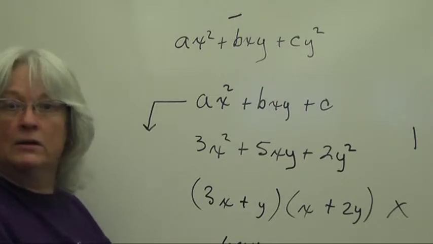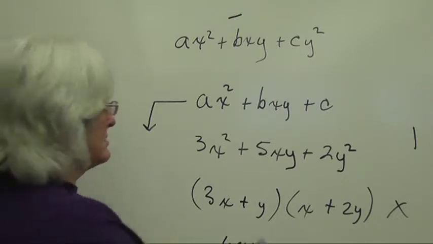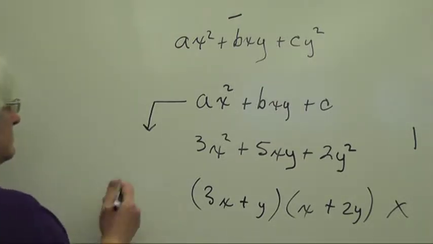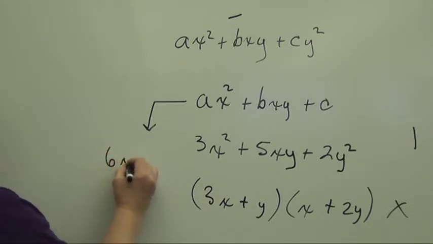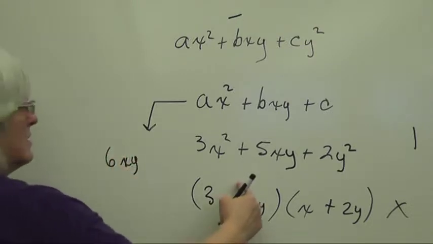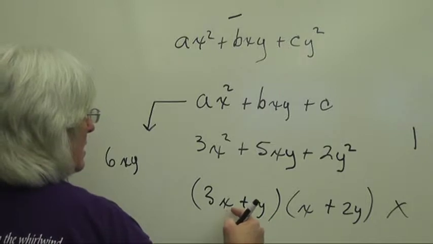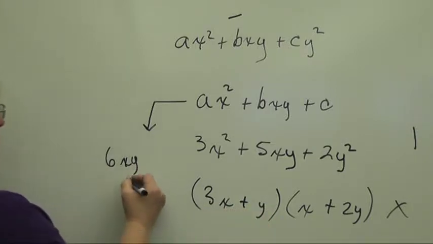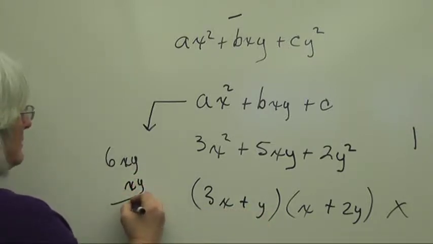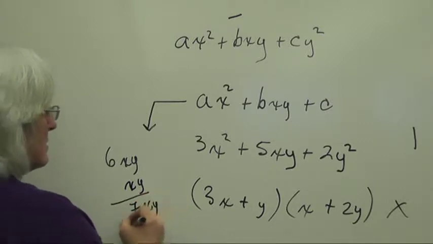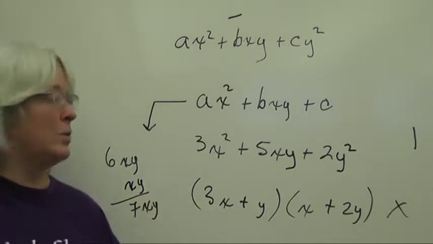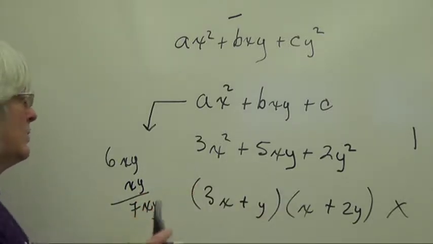The inner product is xy, which gives us 7xy. We need 5xy.